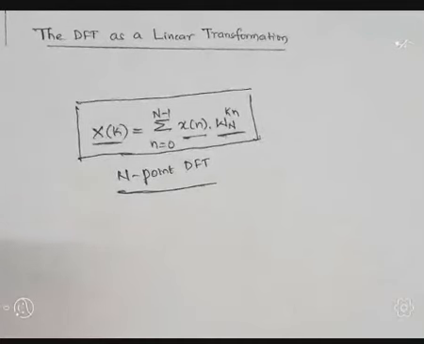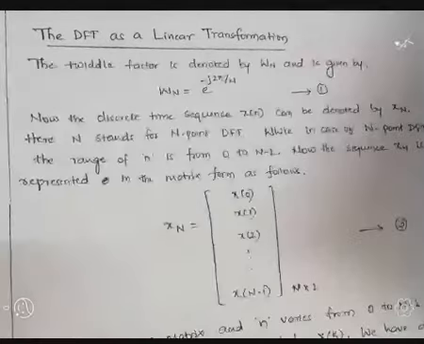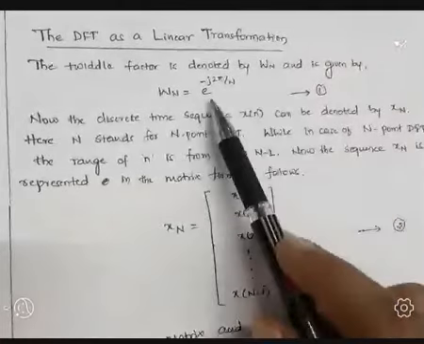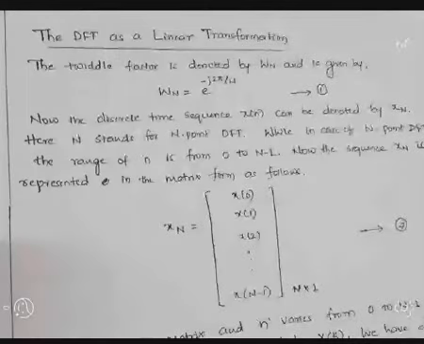The twiddle factor is denoted by W_N and is given by W_N equal to e to the power minus j 2 pi by N. So it is the definition of twiddle factor.